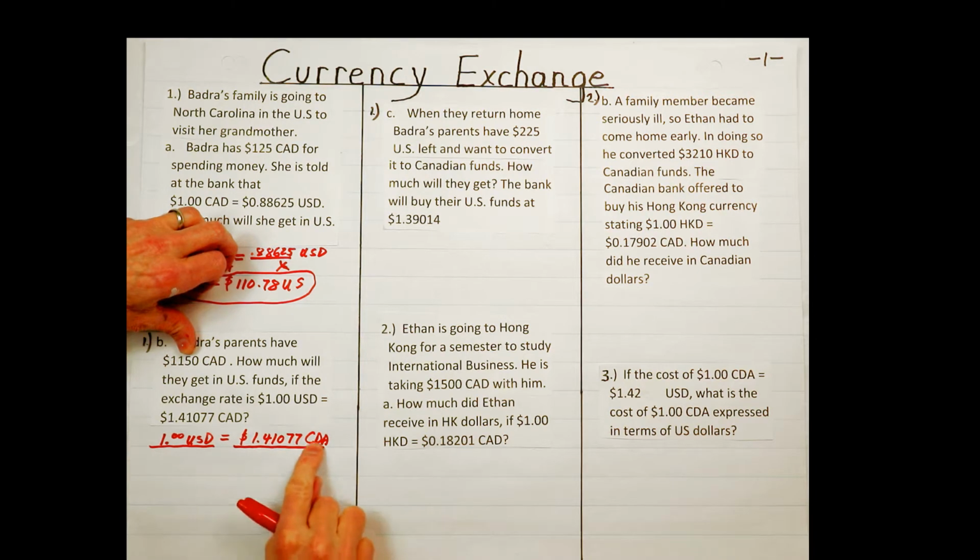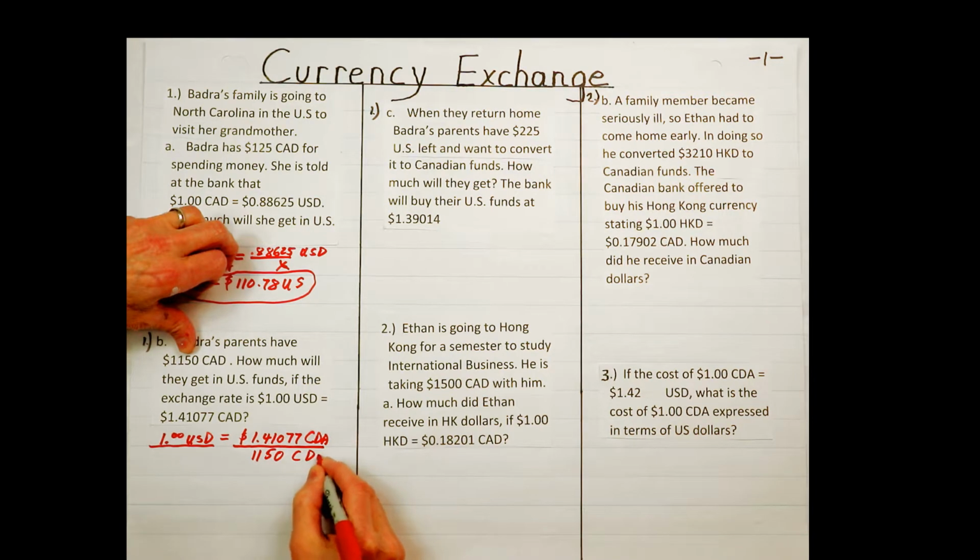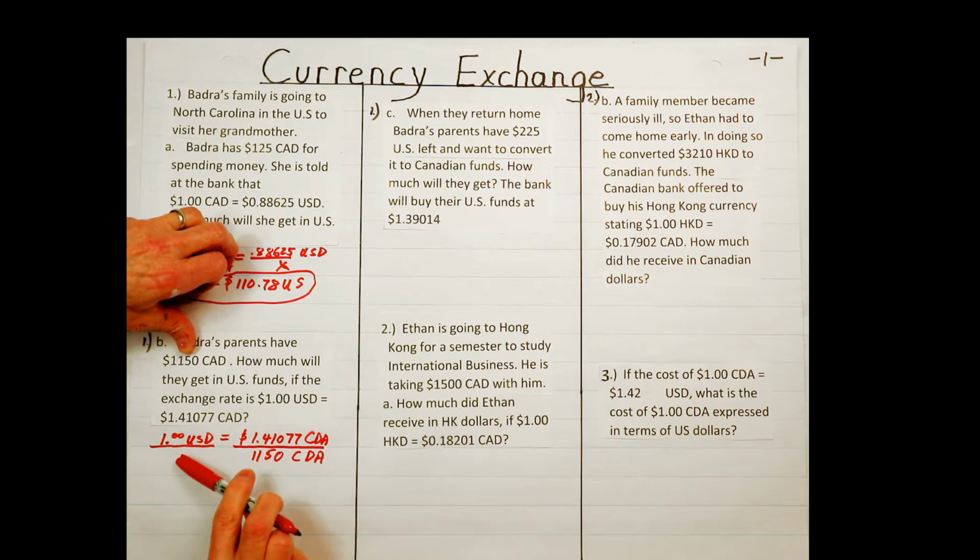So the 1150 goes with the other Canadian information in the proportion. So 1150 goes here. So we have Canadian dollars with Canadian dollars, and over here US dollars with US dollars. X represents the US dollars.